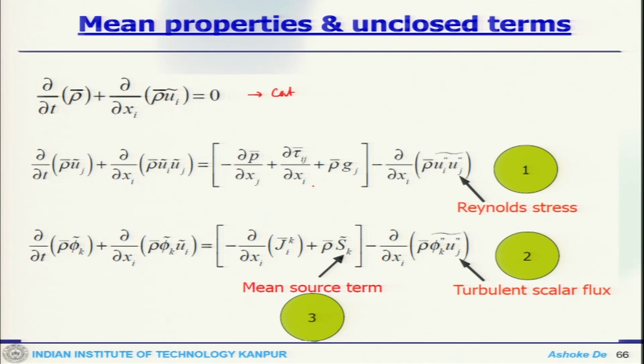My momentum equation will get an extra term which is called the Reynolds stress term, and my scalar transport equation will have one term which is a mean source term. This could be a source term due to chemical reaction, or it could be anything, and there would be an additional term which is called the turbulent scalar flux. So, these three terms are: term 1, Reynolds stress; term 2, turbulent scalar flux; term 3, mean source term.